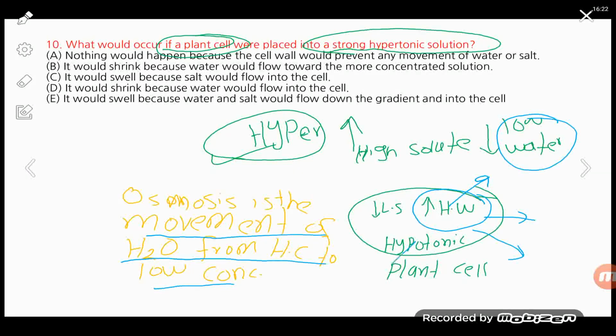So when the water comes out from a cell, what will happen, guys? When the water comes out, you know that the cell will be shrunk like this. It will be smaller in size, because water came out. So let's read the possible answers.